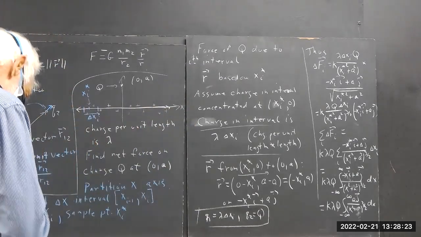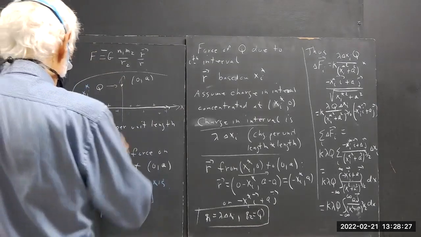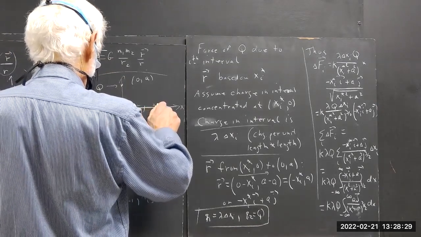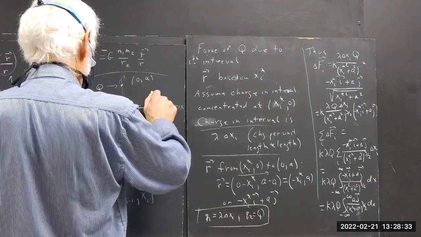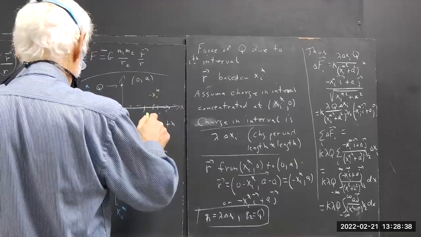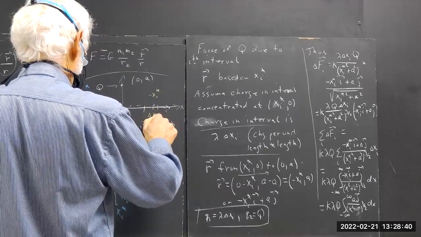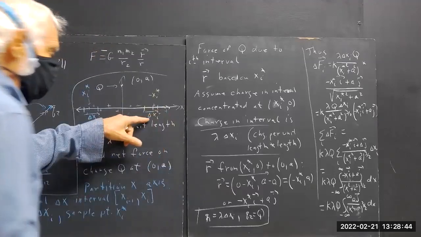Let's just say we've got an interval here on the opposite side, at negative x versus x plus. This will be a delta x, the same length as this one.